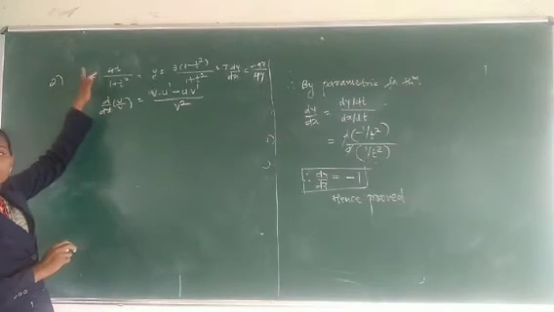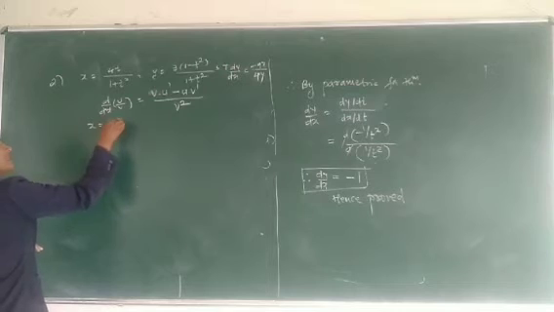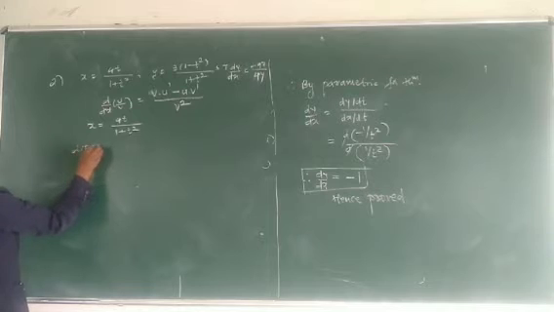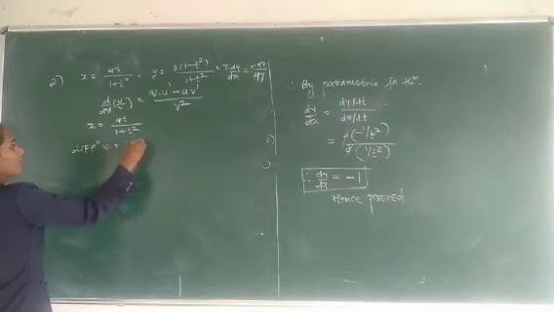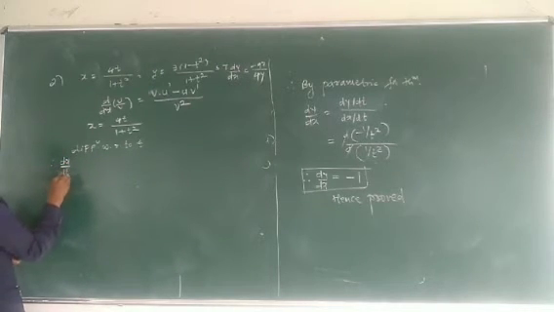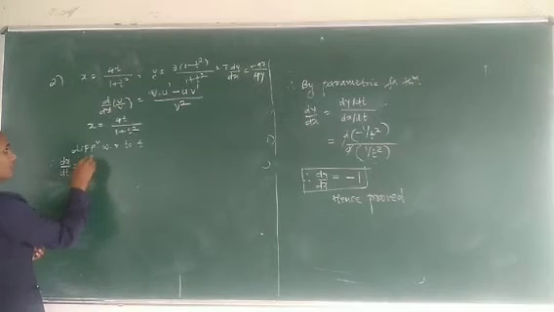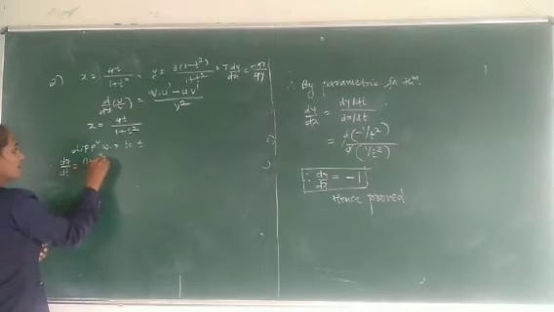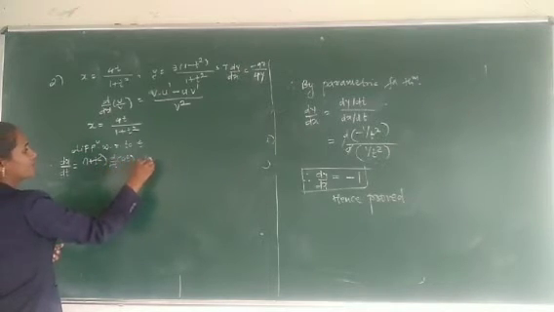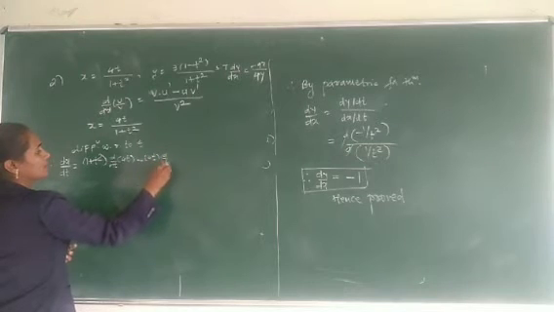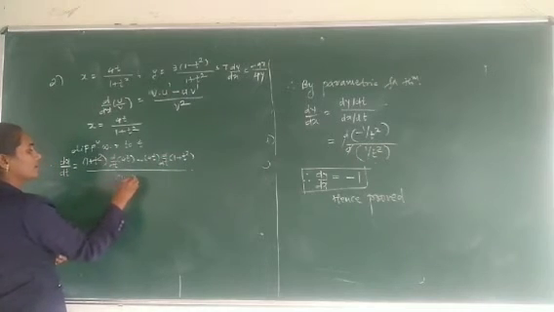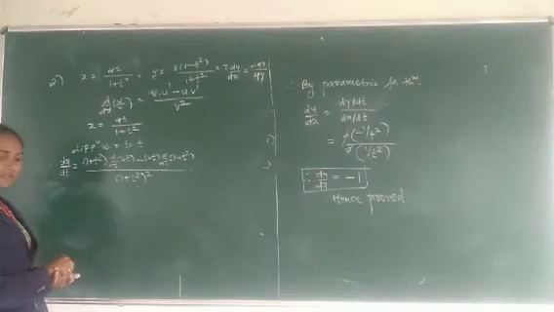So first we differentiate only x. x is equal to 4t divided by 1 plus t square. So differentiate with respect to t. So the derivative of x with respect to t, dx upon dt, is equal to, write the denominator as it is, 1 plus t square into d by dt of 4t, minus write 4t as it is into d by dt of 1 plus t square, divided by 1 plus t square whole bracket square.